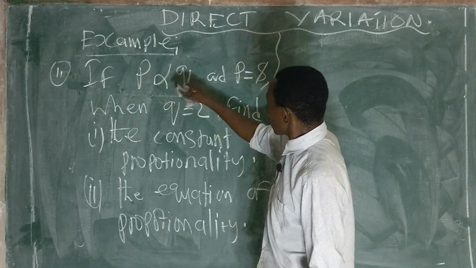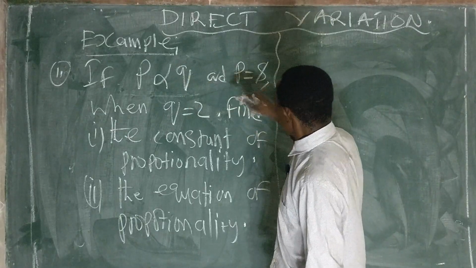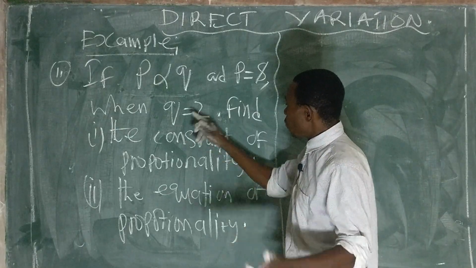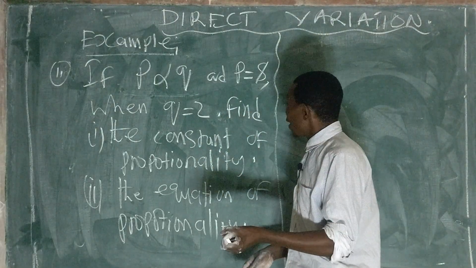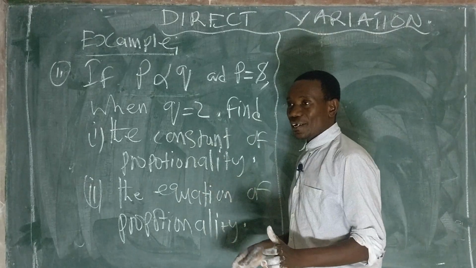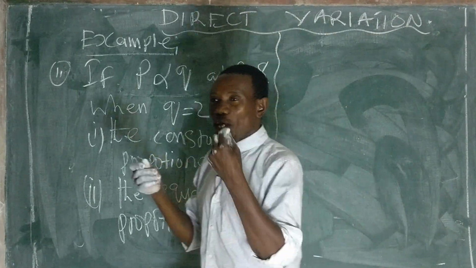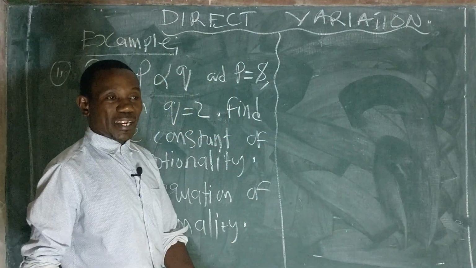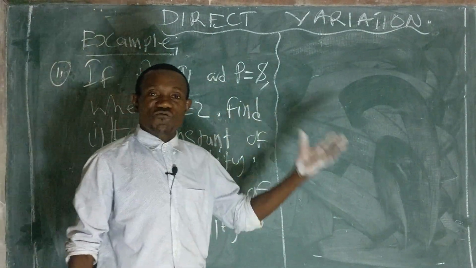If P varies directly as Q, and we are told that P is 8 when Q is 2. It's just like when Q is 2, P is 8. Like when the number of legs is maybe 16, the number of chairs is 4.